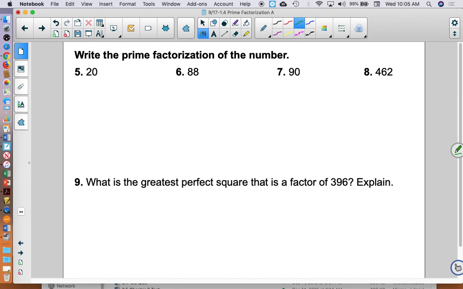And if you look at that, you'll know exactly how to write that multiplication statement. Is that a prime number? So you're not done.